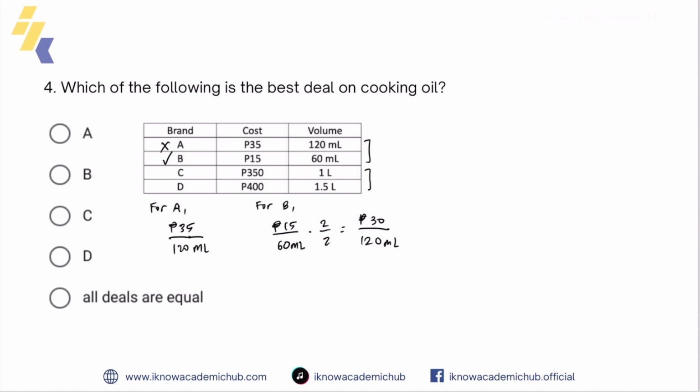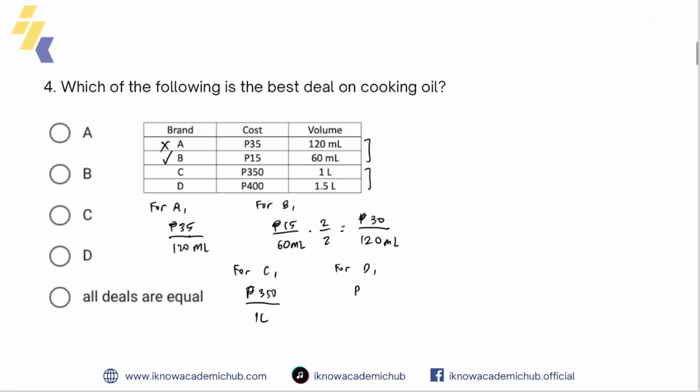Okay? Now, for C, we have 350 pesos for 1 liter. And for D, we have 400 pesos per 1.5 liters.